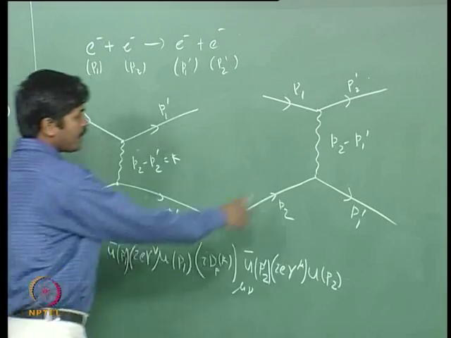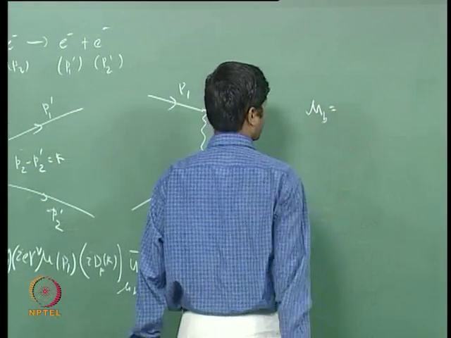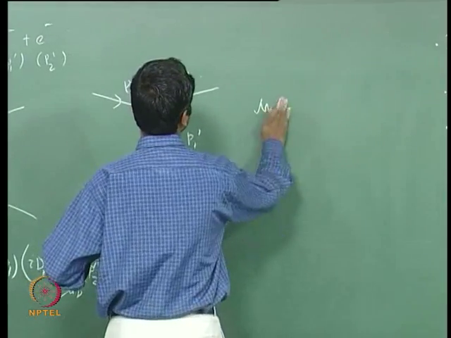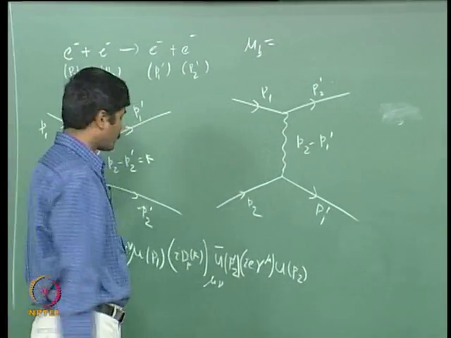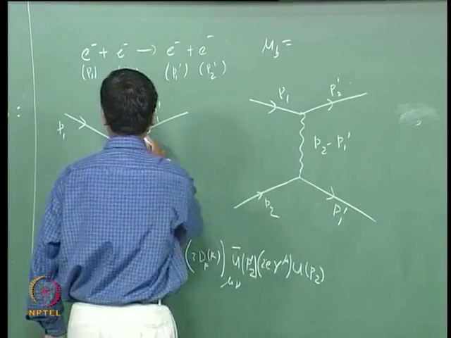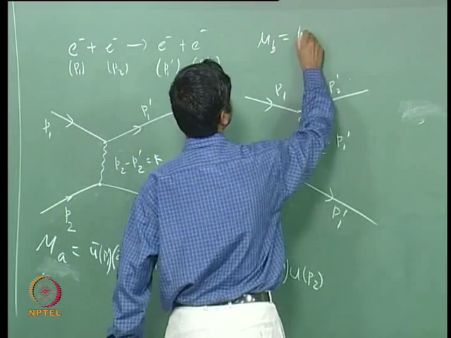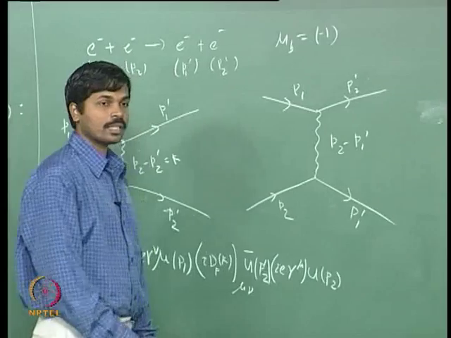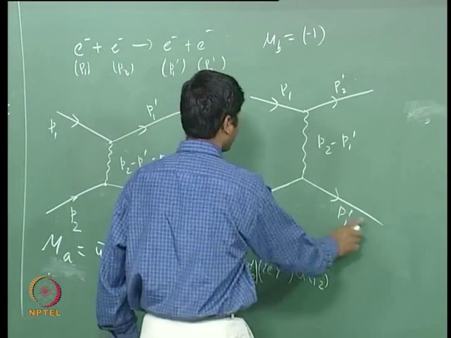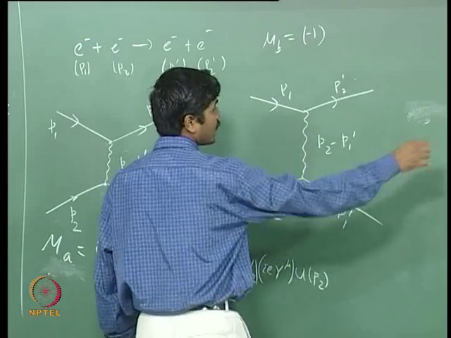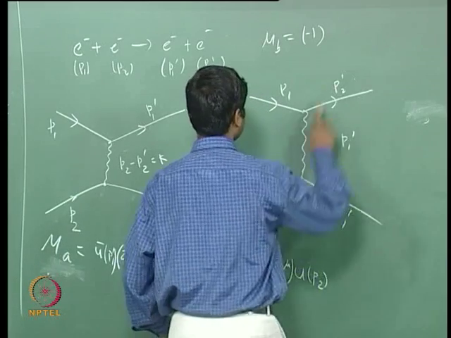What about M_B? Here I can write it as, first of all, because these are identical particles, I have to write a minus sign, the phase factor arising because of the exchange interaction, and then I will follow the set of rules that we have here and write down the amplitude.